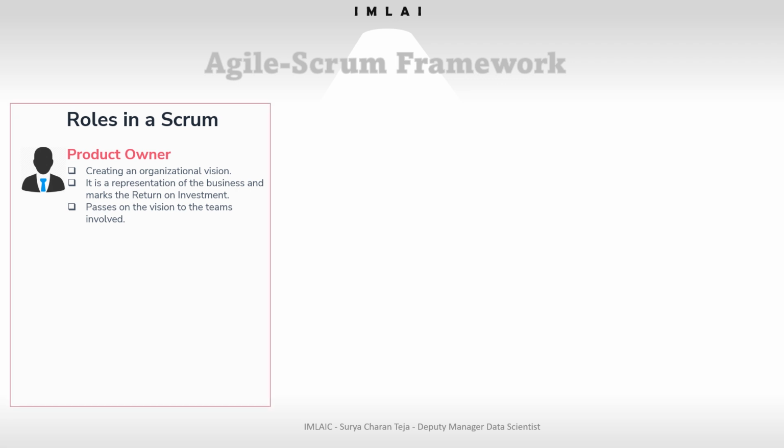The main work of a product owner is creating an organizational vision. It is a representation of the business and marks the return on investment. And a product owner passes on the vision to the teams involved in that project, who are following the Agile Scrum framework.